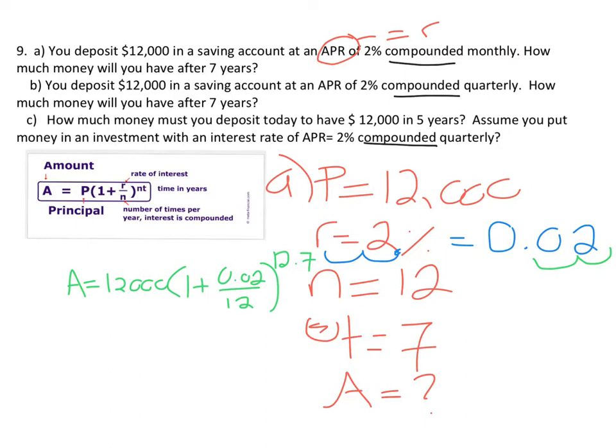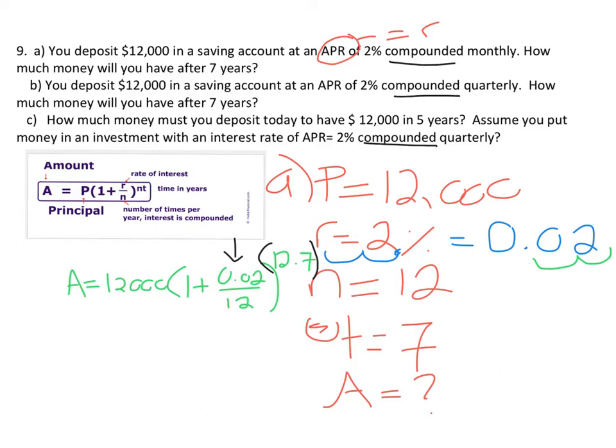But if there's a multiplication inside the exponent, the 12 and the 7 are both inside your exponent, you need to actually multiply that out first before you do any exponentiation. And also remember that division comes before addition, so you want to do this division before you do the addition.